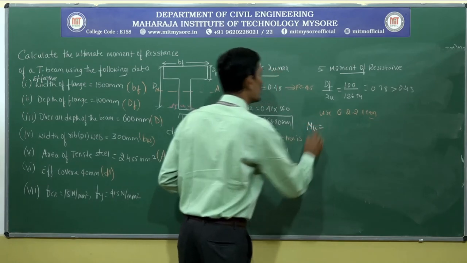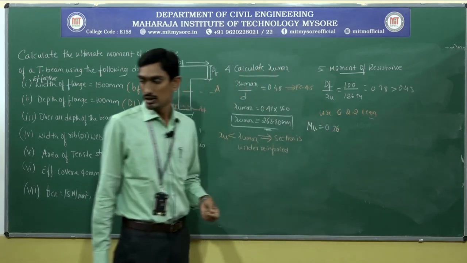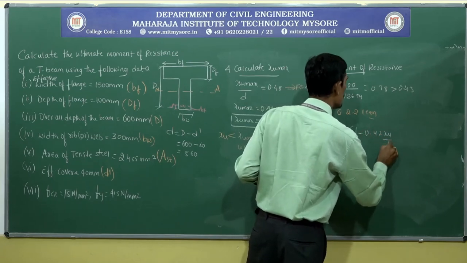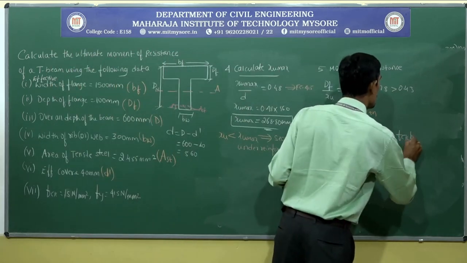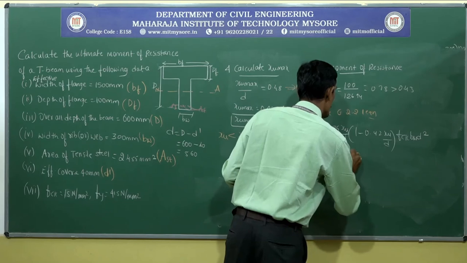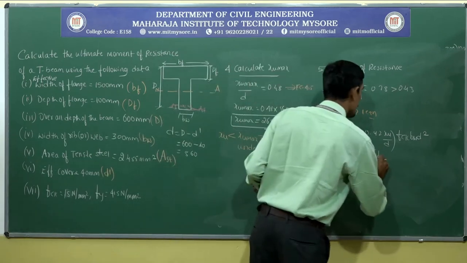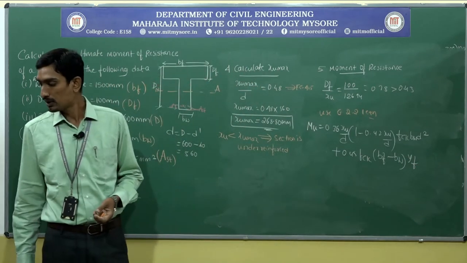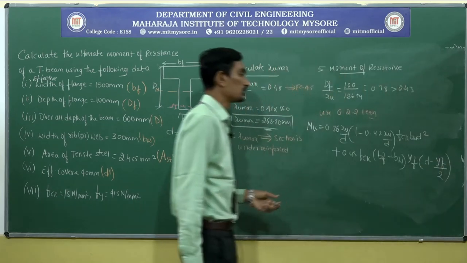Therefore, Mu is equal to 0.36 Xu by d into (1 minus 0.42 Xu by d) into fck bw d square, plus 0.45 into fck into (bf minus bw) into yf, please note down yf, into (d minus yf by 2).